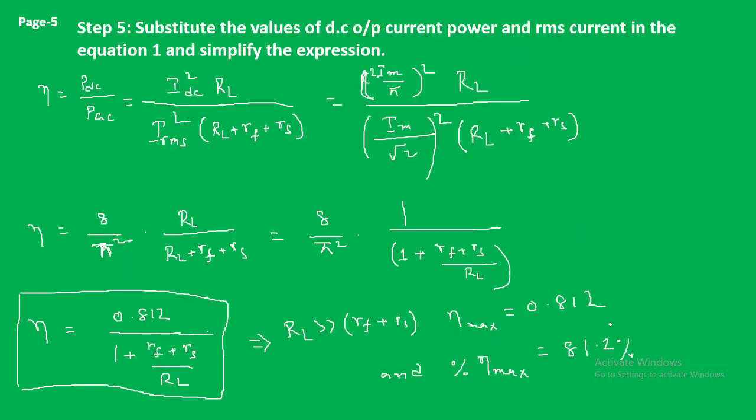If we substitute these values in equation 1, we get this expression, the I_m cancels, and simplifying we obtain 8 by pi squared times 1 divided by 1 plus R_F plus R_S by R_L. Converting 8 by pi squared into decimal, we get 0.812.